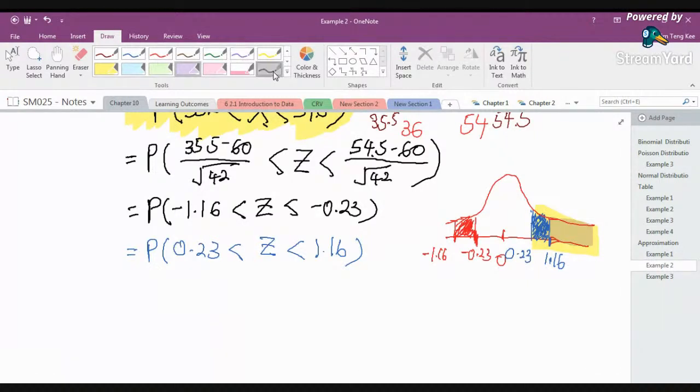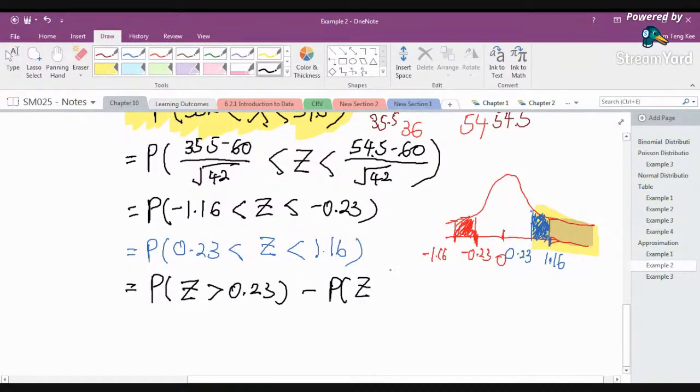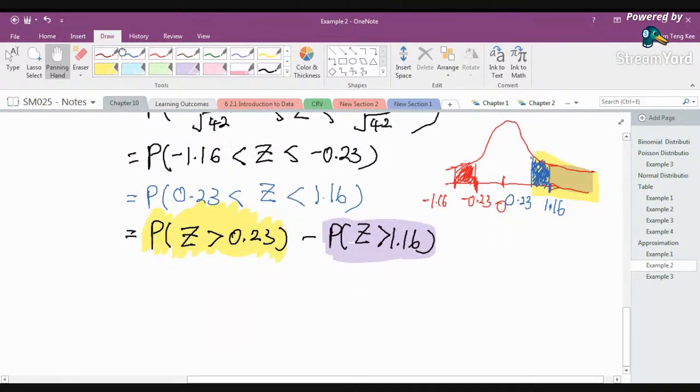So we have the result as P of Z greater than 0.23 minus P of Z greater than 1.16, where this is the purple region and the other one is the region in yellow. When you minus them, you get the answer for the region in blue.